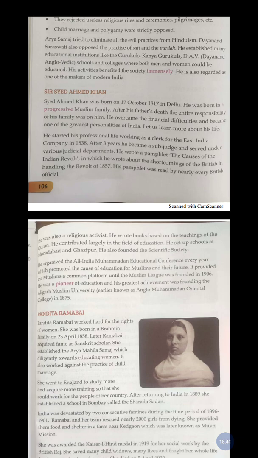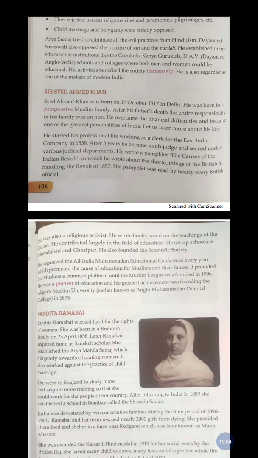So students, he has also written many books which were based on the teachings of the Quran. He contributed largely in the field of education. So, students, Sir Syed Ahmad Khan has made his contribution largely in the field of education.